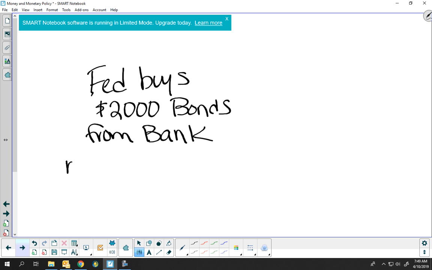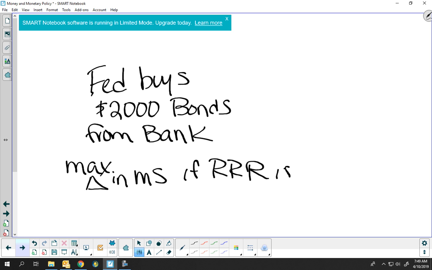What is the max change in money supply if the RRR is 10%? Fed buys $2,000 from the bank. What happens with the max change in money supply if the RRR is 10%?